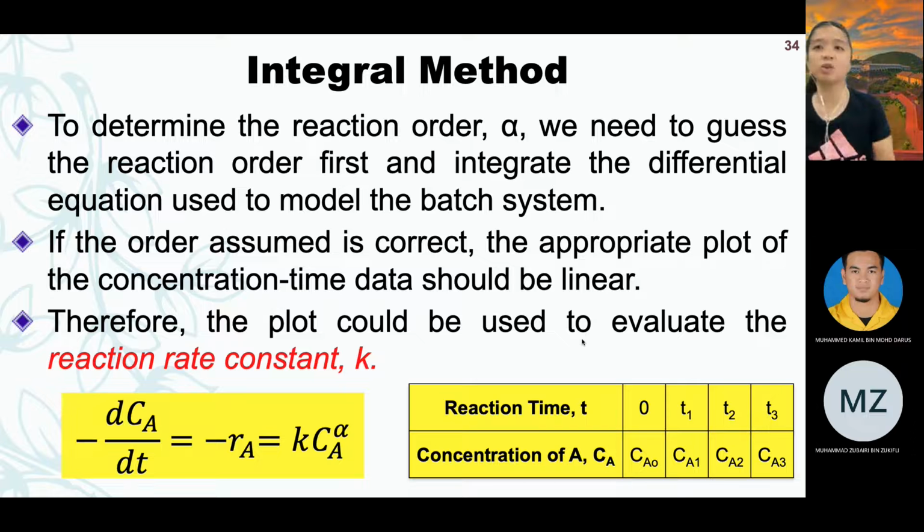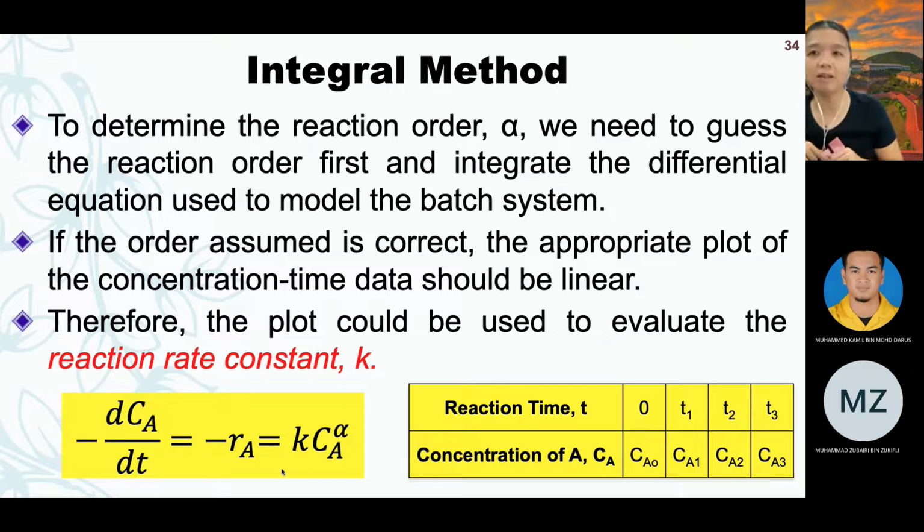Okay, so again kita kena tengok equation dia sebab saya kata tadi kita ada equation yang berlainan. Kenapa kita ada equation yang berlainan? Sebab, okay, so you can see the first initial equation macam differential sebab dia letak minus dCA per dt, macam differential tadi, equals to minus RA equals to K CA^alpha. So tadi kalau differential method kita linearize equation ni terus.